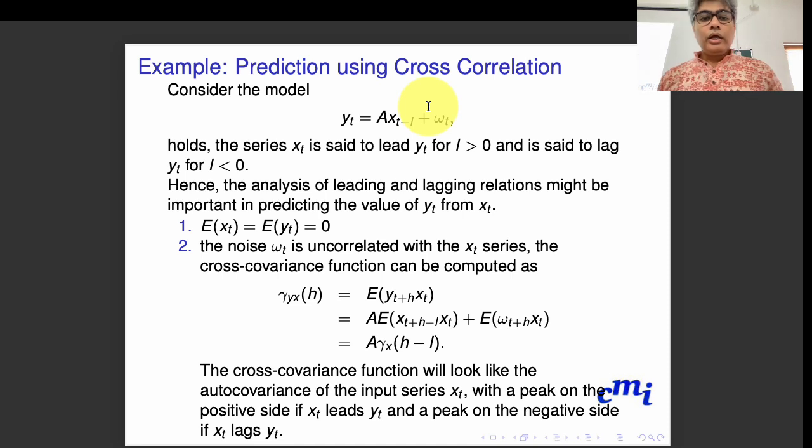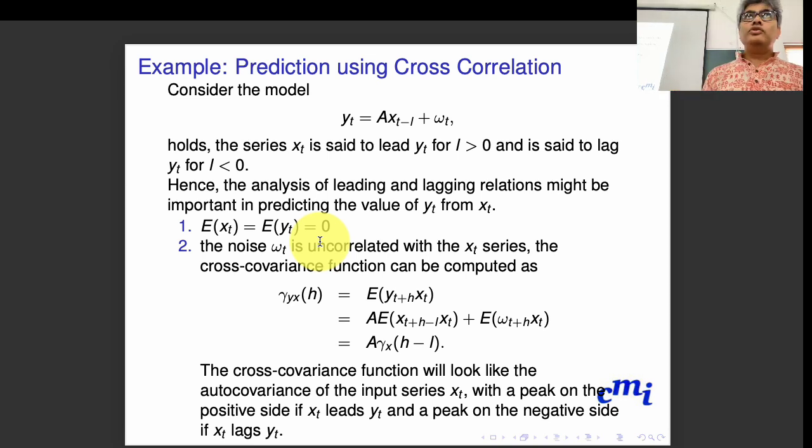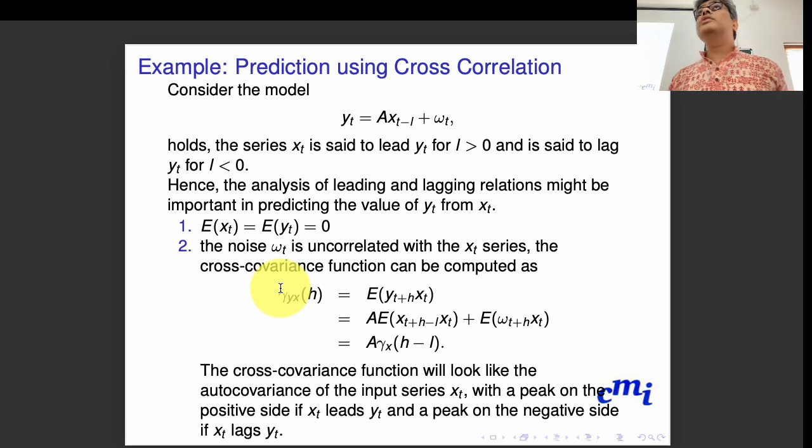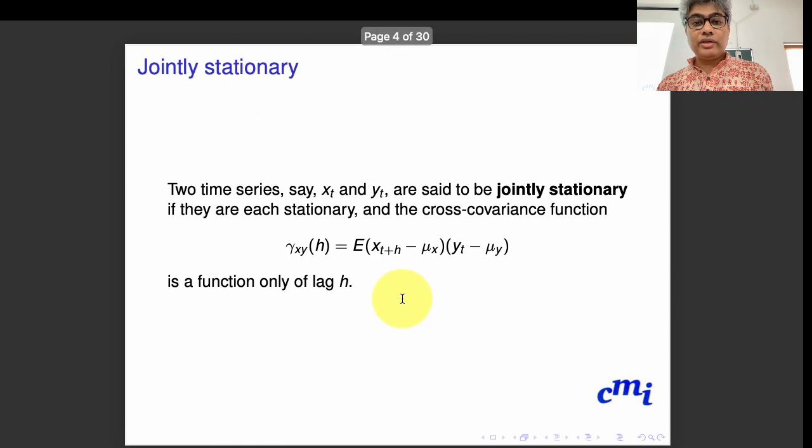Now I want to figure out the autocovariance function, and eventually the cross covariance function. Actually, sorry, not autocovariance, the cross covariance function. If you look into the cross covariance function, I take the expectation of y_{t plus h} minus the expectation of y, which is 0, times the corresponding x term, because this is my covariance function definition.